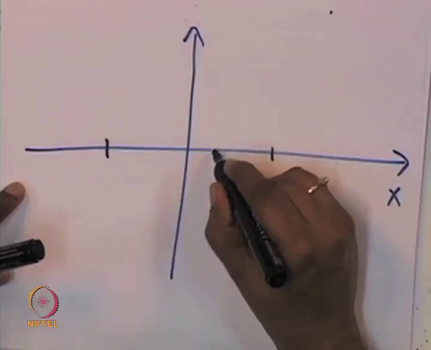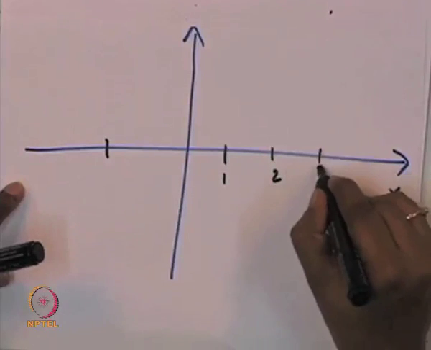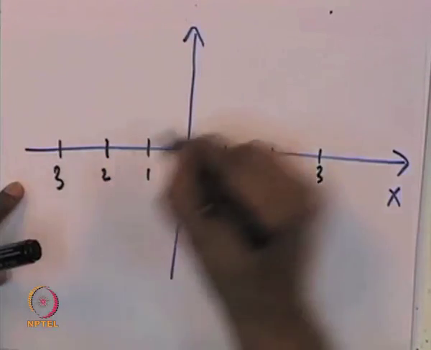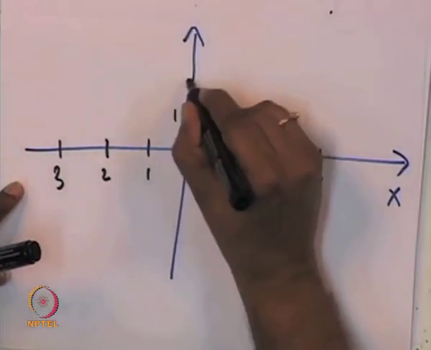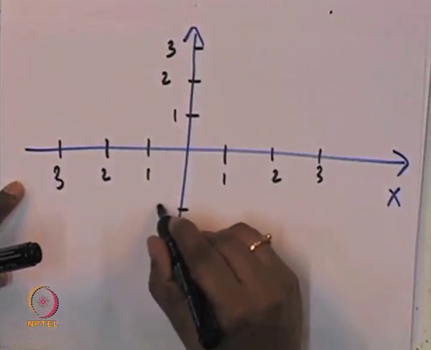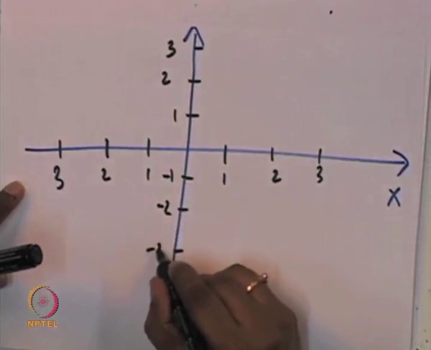Let us call this 1, 2, 3, and this minus 1, minus 2, minus 3 and so on.